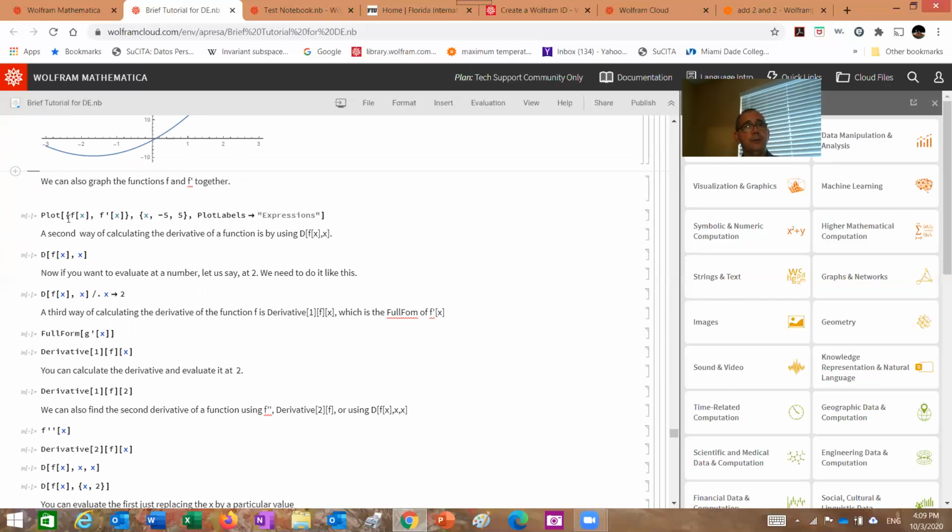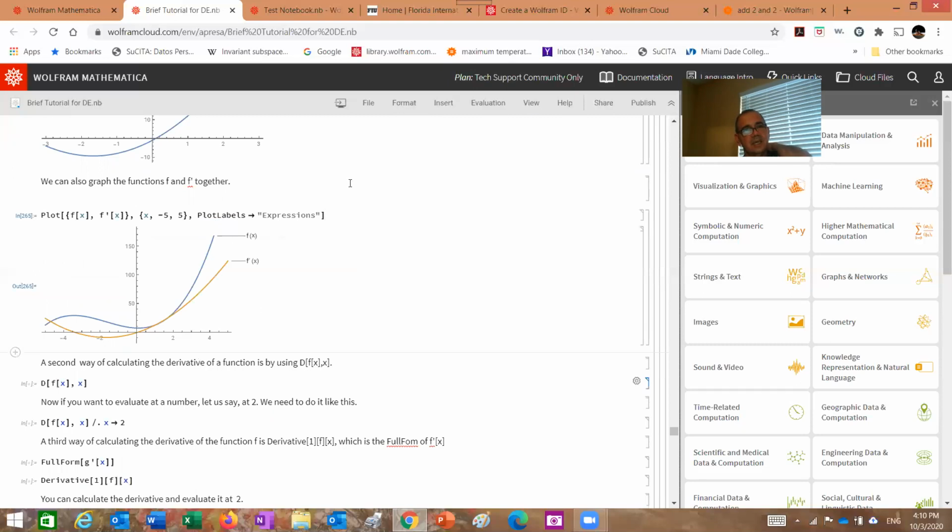Notice that now we have to put the two functions separated by commas and in between braces, and we're going to use labels for both graphs. So you press shift enter, and you get that the blue one is the graph of f of x, and the yellow one is the graph of f prime of x.